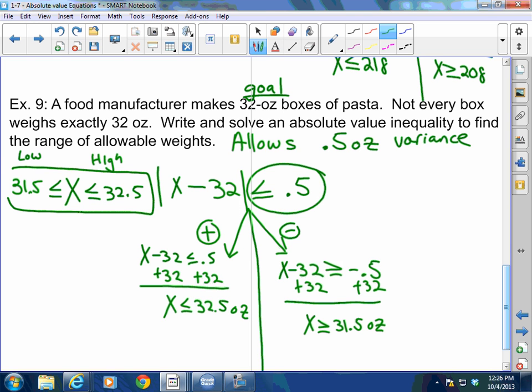So in the box manufacturer company, if I'm the quality control expert, will I accept something if it's 32.4? Yes. Will I accept something if it's 31.7? Yes. Will I accept something if it's 33.2? No. Does that make sense, guys?